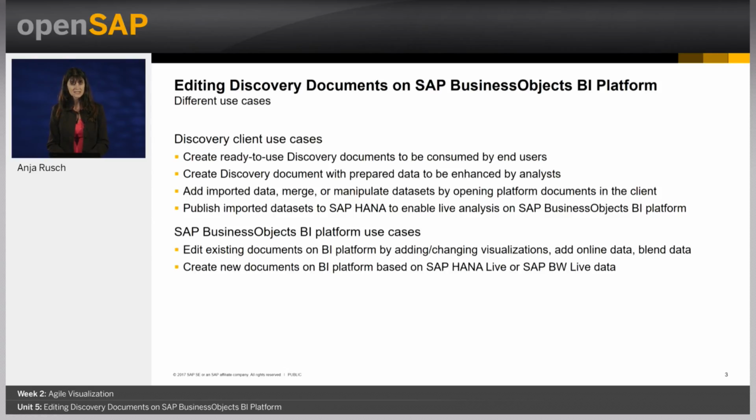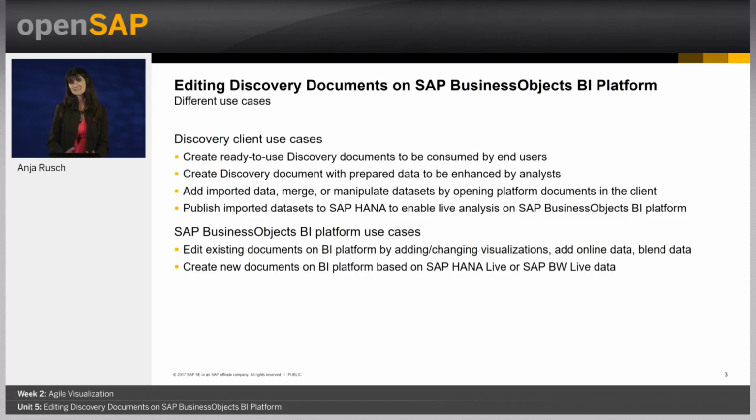You can add imported data, merge or manipulate data sets by opening the platform documents in the client directly. By this, you could do things that you cannot handle on the platform. And you can publish imported data sets to SAP HANA, and this enables live analysis on the Business Objects BI platform. If we look at the platform use cases, we have two use cases there. You can just edit an existing document on the BI platform by adding or changing visualizations, adding online data and blending data.